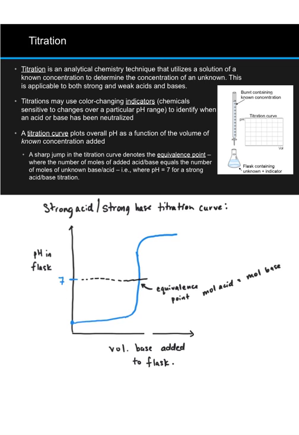A good color-changing indicator for a strong acid, strong base titration curve is the substance phenolphthalein. Phenolphthalein changes color from colorless to pink as the pH rises above 7.